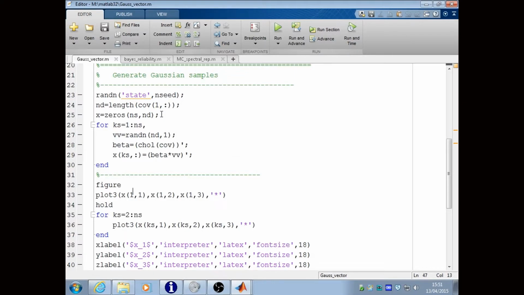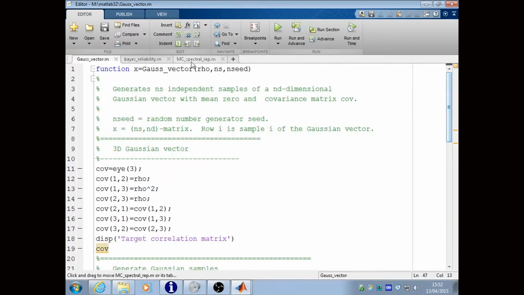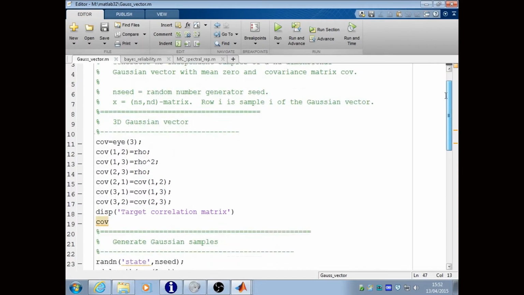So coming back to the input of the problem, rho is our single parameter for the covariance. If that's not the case, you input directly the covariance. And S is the number of samples you are interested in. And then C is just for the generator to be able to reproduce that particular sample.